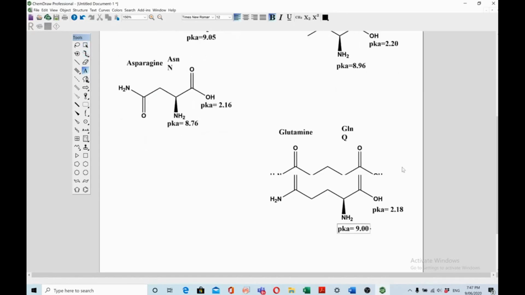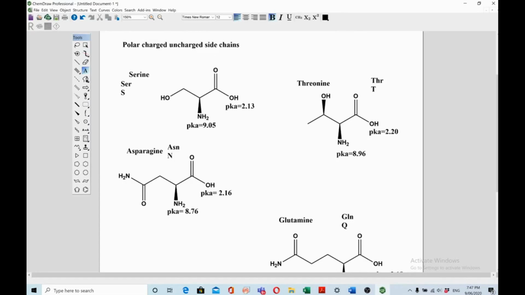So these are the 4 amino acids: serine, threonine, asparagine, glutamine, with 1-letter codes S, T, N and Q, and they have polar uncharged side chains.